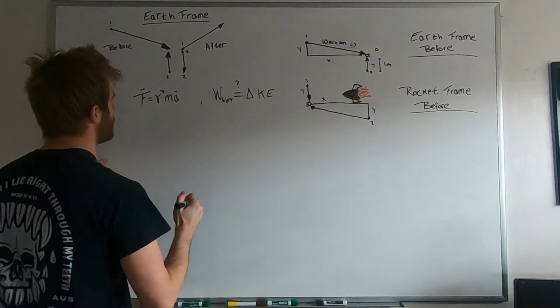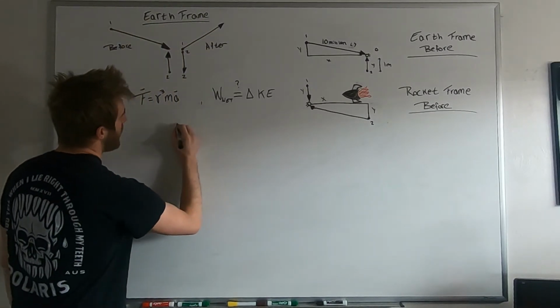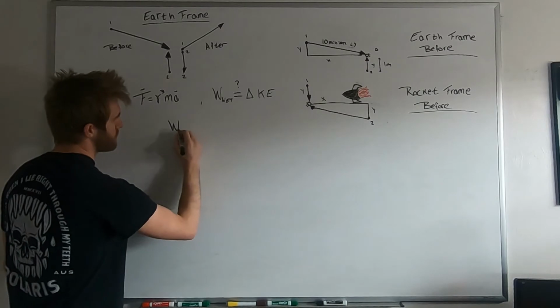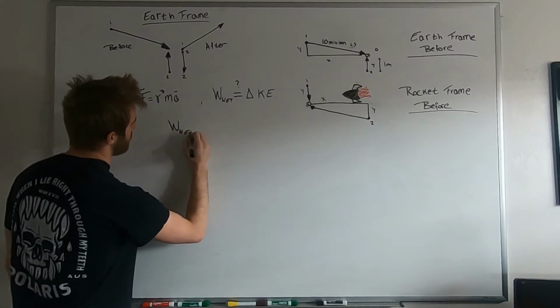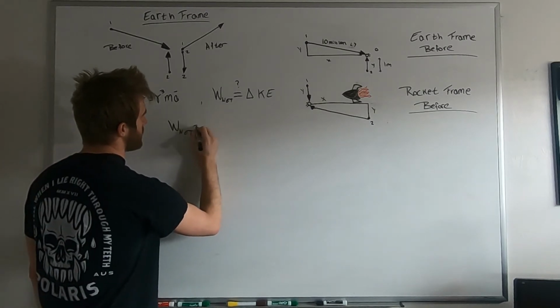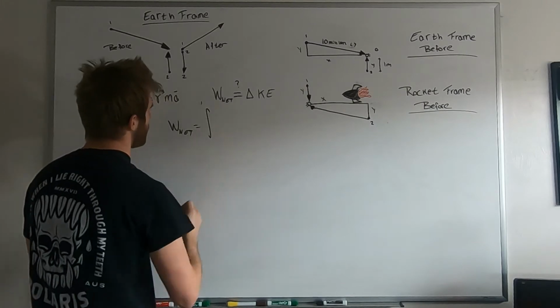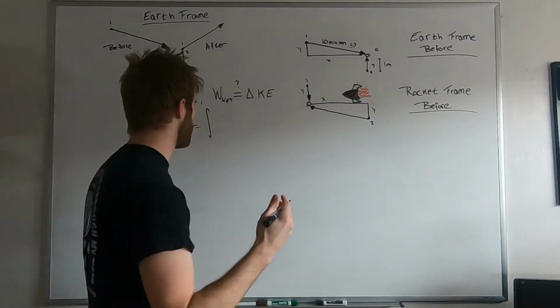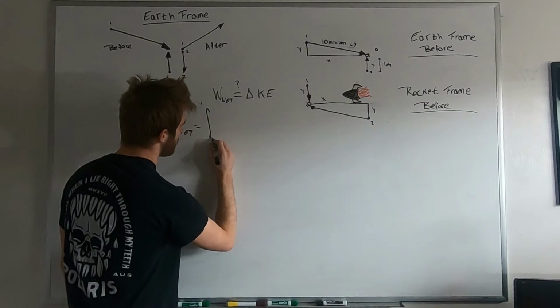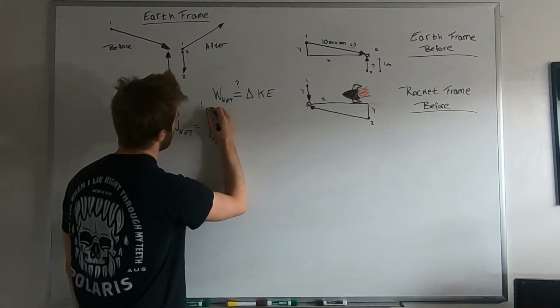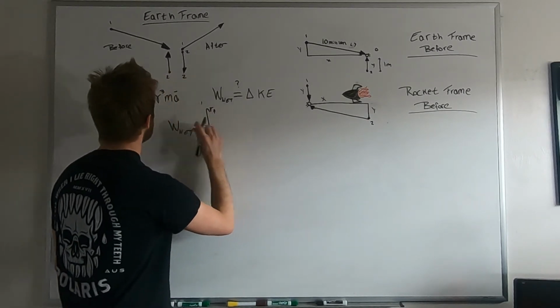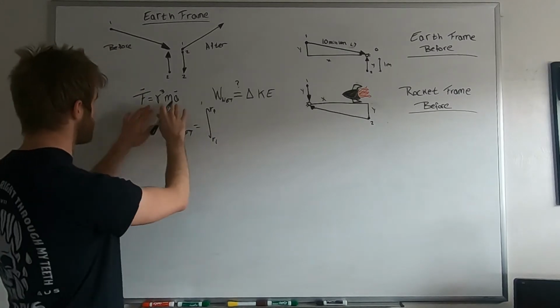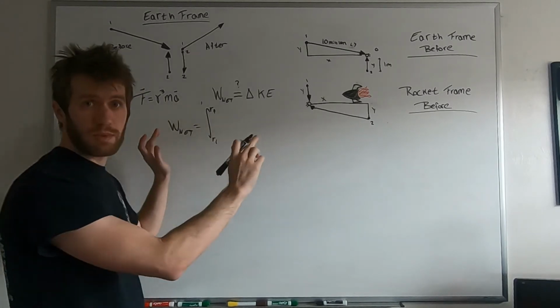So what we have now is a work, right? Considering the net work, where we have some integral from our initial position to our final. So we're going to call that r initial and then r final, times some force, which we're going to be plugging in as gamma cubed ma.